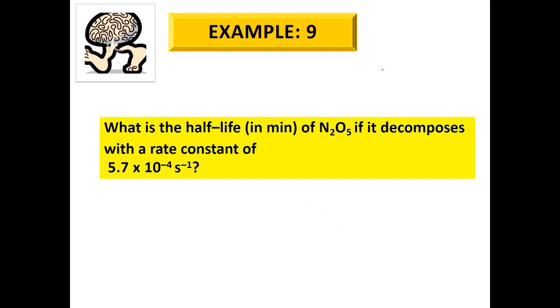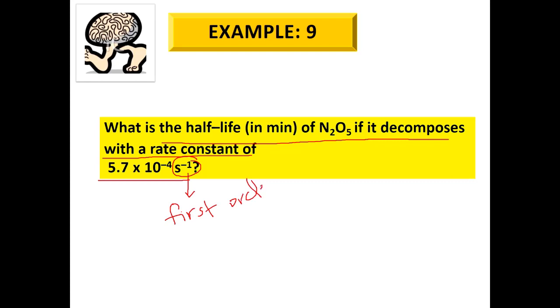Now we proceed with example 9. What is the half-life time in minutes for N2O5 if it decomposes with a rate constant of 5.7 times 10 to the power negative 4 s negative 1? The unit of k is only s negative 1, so that means this is a first order reaction.